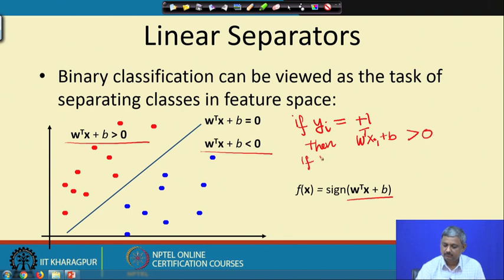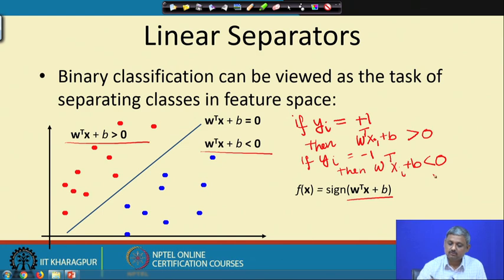If yi equal to -1, then w transpose xi plus b should be less than 0. So, I am basically writing down the condition for correct classification. If yi is +1, positive class, xi would lie on the greater than 0 side. If yi is -1, xi should lie on the negative side.